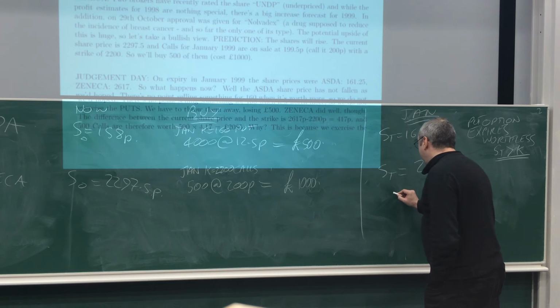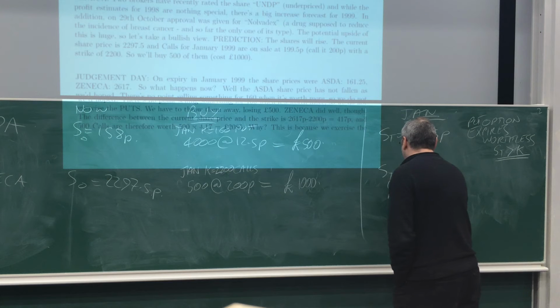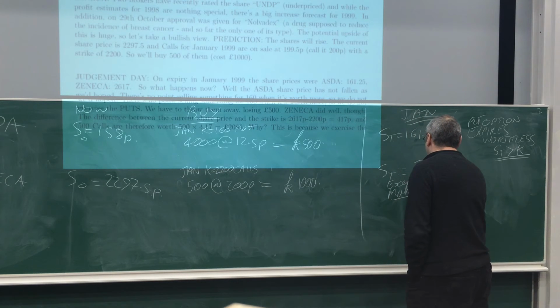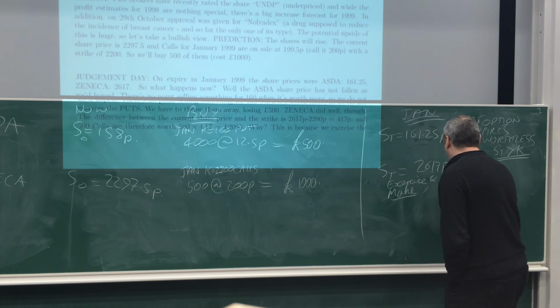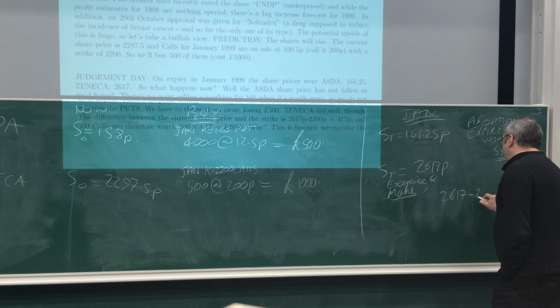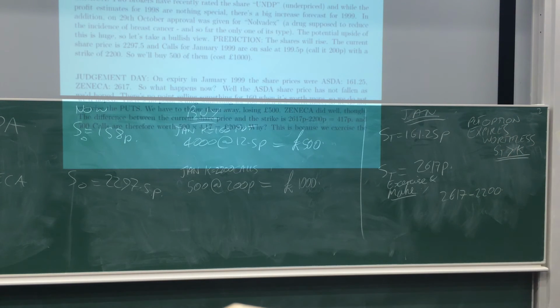So the profit I get here is, I exercise and make, well, for each option, I can make this amount of profit. So I make 417 pence per option.